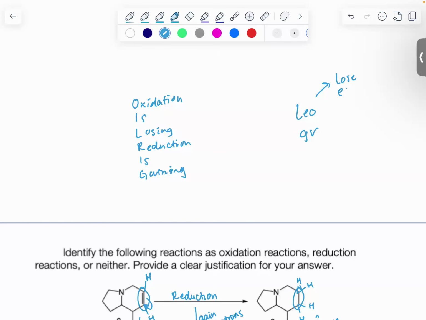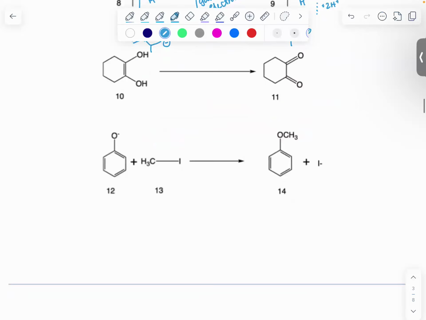I like oil rig better, but other people have learned Leo goes grr. They both mean the same thing: oxidation is losing, reduction is gaining. Oil rig should be easy because we're in Texas. I appreciate the pity laughs, thank you.